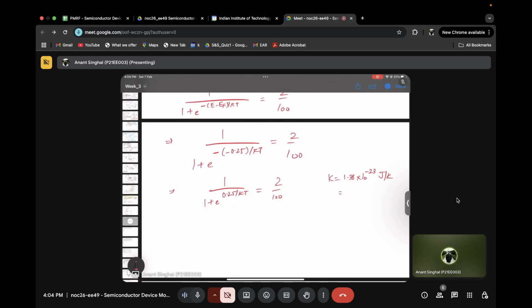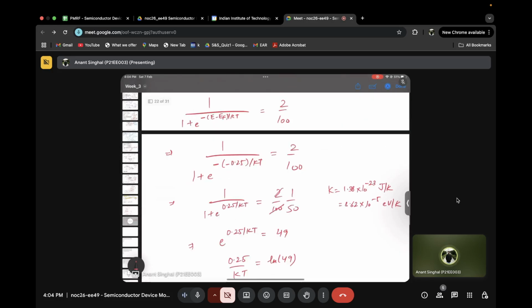And in electron volt, this is 8.62 times 10 to the power minus 5 electron volt per Kelvin. Since everything is in electron volt here, 1 by 50, 50 minus 1 will be 49. So we can write exponential of 0.25 over kT is 49. If we take log on both sides, this will be 0.25 over kT is ln 49.